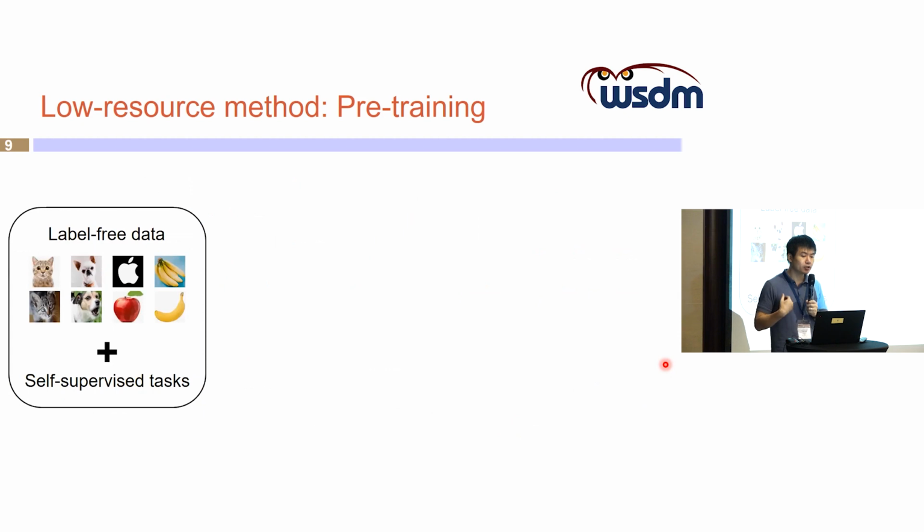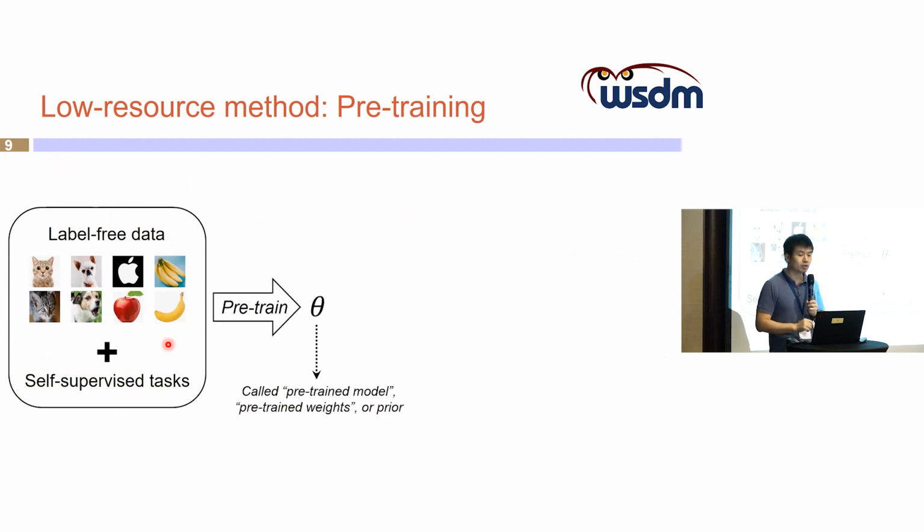Using this so-called label-free data, like in meta-learning, we have images from the base classes, but we don't need to have labels on them. The images are relatively cheap to obtain. The difficult thing is getting labels. So we can use this large amount of label-free data coupled with self-supervised tasks to do some pre-training.